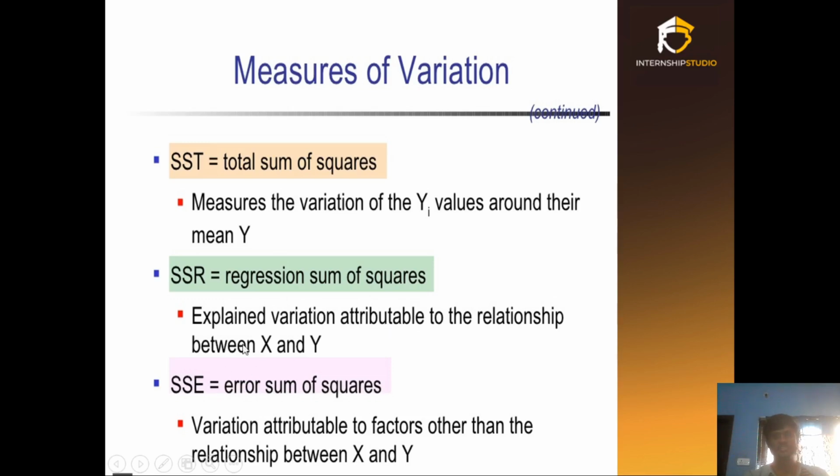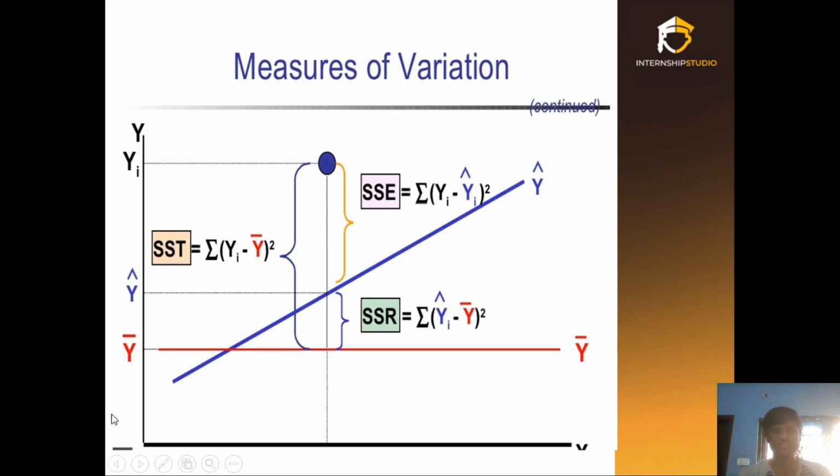So what is the relationship between x and y, that we are going to understand, and the variation attributable to factors other than the relationship between x and y. So other than the relationship between x and y, what variations are present? The error sum of squares will give you those factors. You can see them pictorially to understand it in a deeper sense.